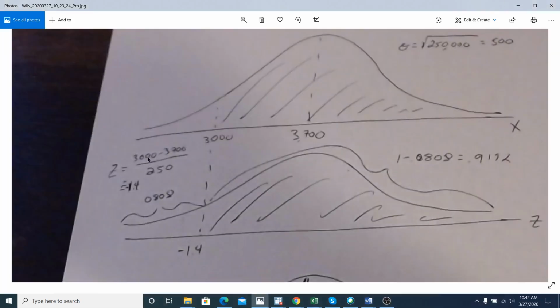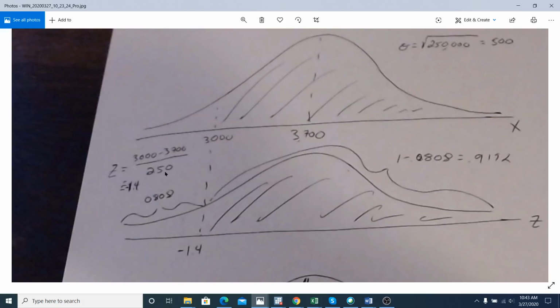So I take that x value of 3,000, I subtract the mean of 3,700, and I divide by the standard deviation, which I cheated a little bit on because I did the intermediate step first. I was given the variance was 250,000. I want the standard deviation here, so how do I find it? It's just the square root of the variance. So I took the square root here, that was 500.